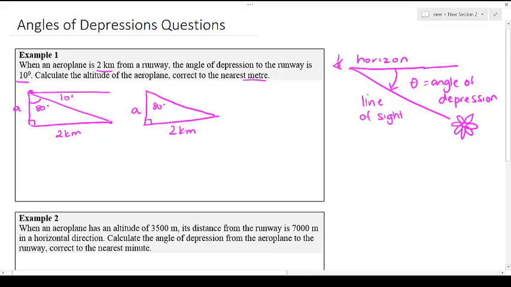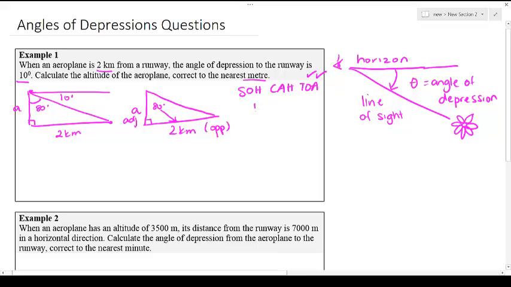When we're doing right angle trigonometry, we need to identify our sides. The side opposite the 80 degrees is the 2 kilometers, and our altitude is adjacent to the 80 degrees. So using SOHCAHTOA, we can see that TOA, or the tan ratio, is the most appropriate ratio to use.